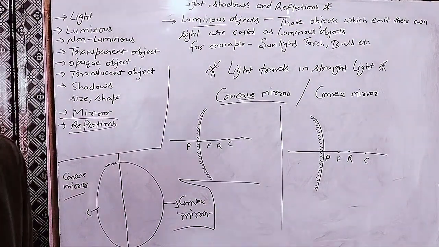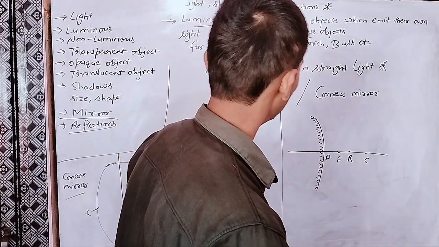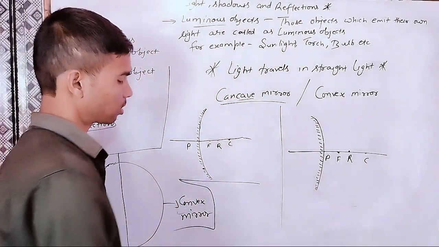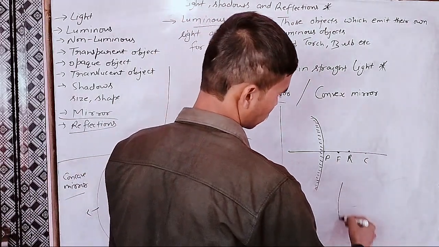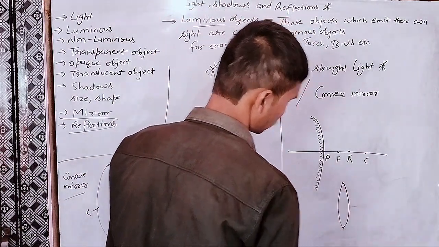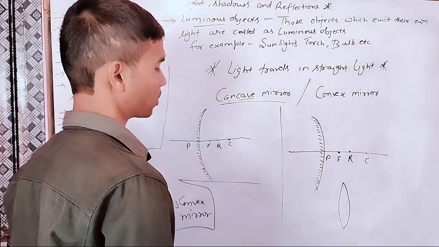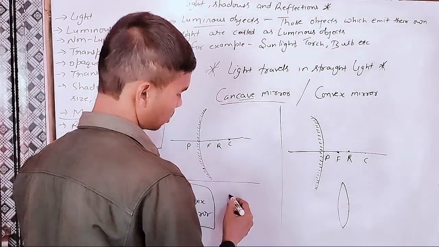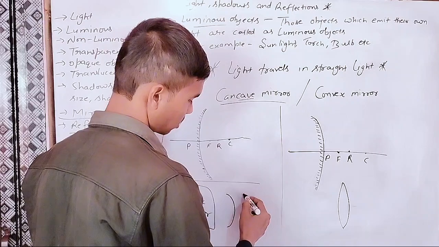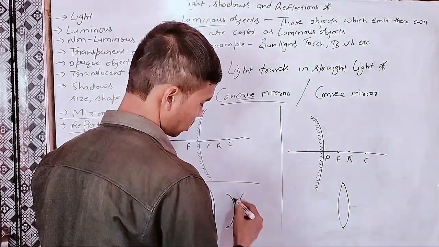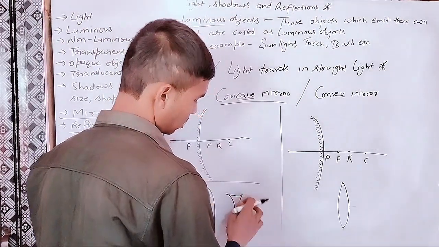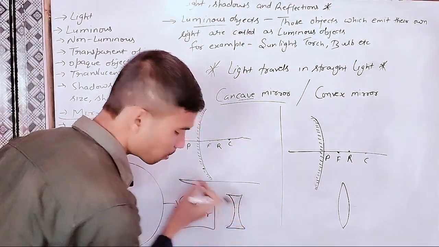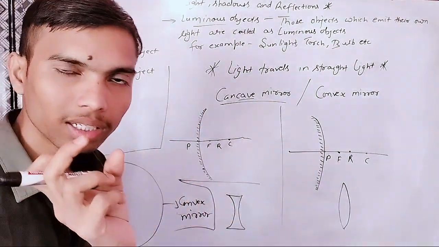Do you want to understand about the concave lens and convex lens? This is a convex lens. This is a concave lens. So here, this middle area would be thin.